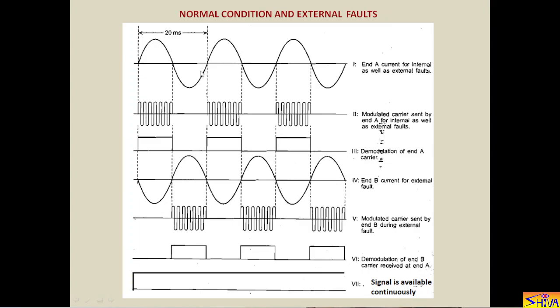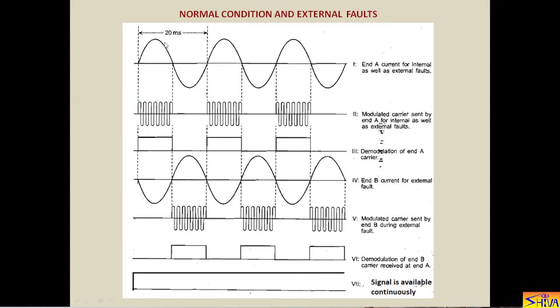Now let us see the signals at end A. Sorry, this is the signal available at end A at the secondary of CT during internal fault as well as external fault as well as during normal condition, because the direction of current at end A is not changing during internal fault.